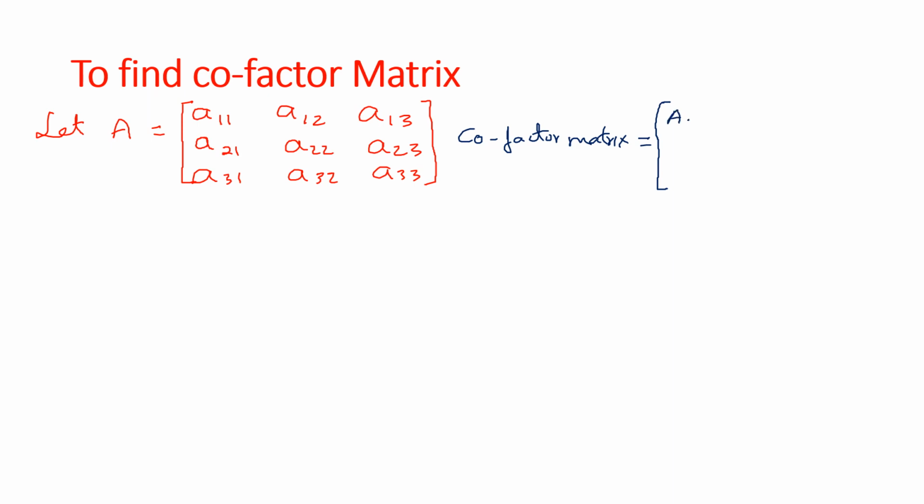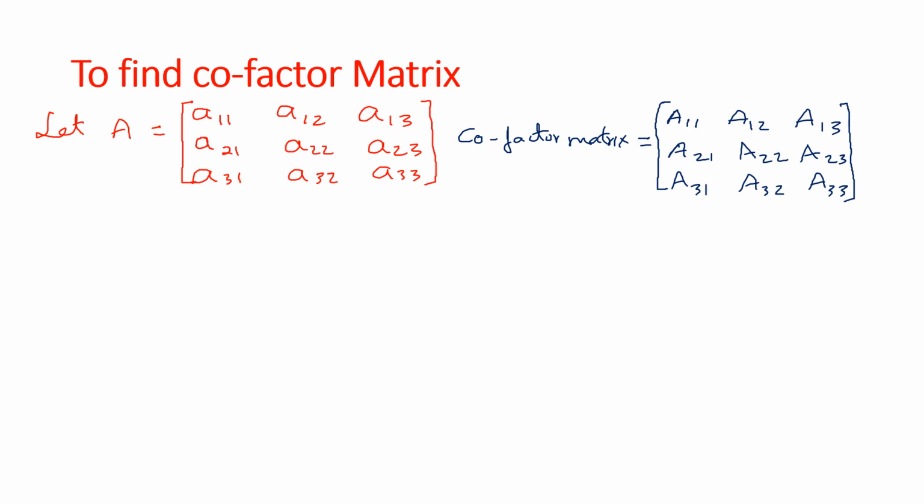So we write this as A11, A12, A13, same way A21, A22, A23, A31, A32 and A33. So this is how we represent the cofactor matrix.